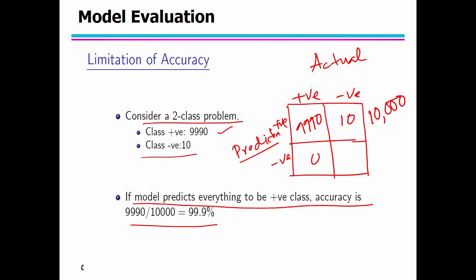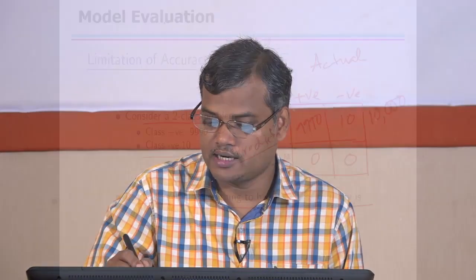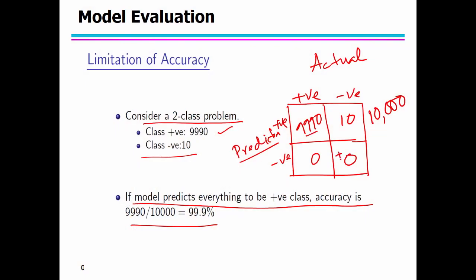Then these 2 entries will be 0, 0, as I said just a few minutes before. Now, what will be the accuracy? Accuracy is addition of this one plus this one divided by all the entries here. So accuracy will be 9990 plus 0 divided by 10,000. So accuracy will be 99.9%.